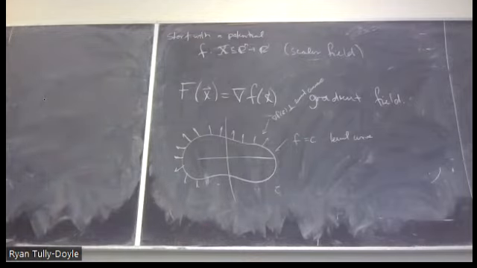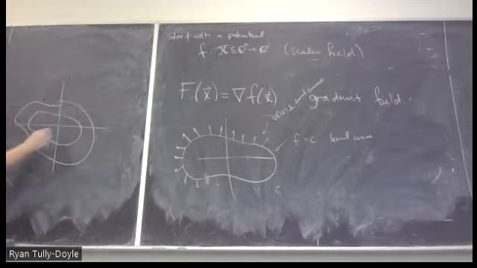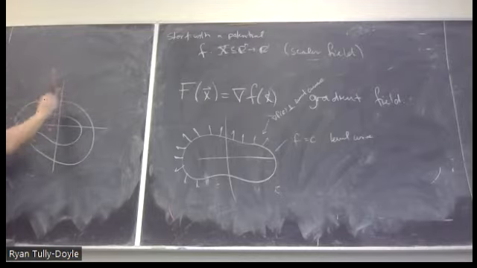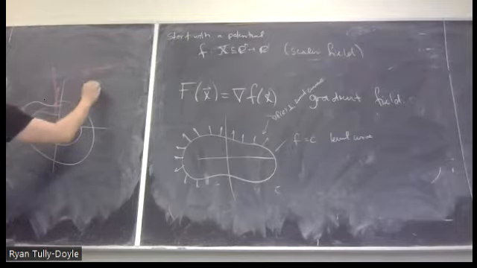Okay. So the idea was, if you have some level curves, and you pick some point in space, the flow lines are the lines whose tangent vector is equal to the gradient vector.